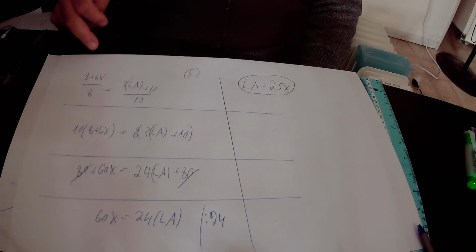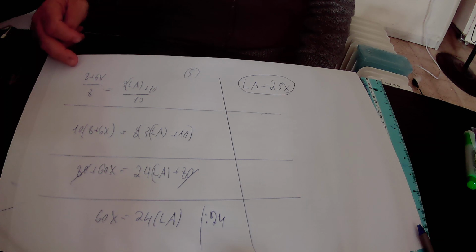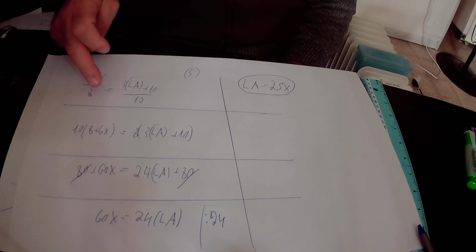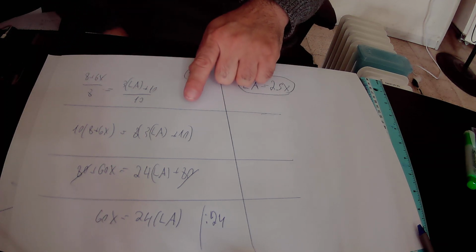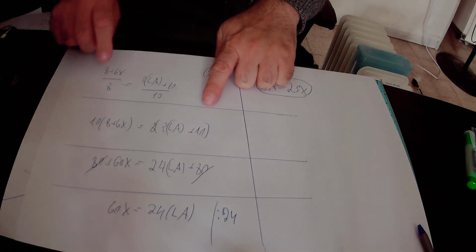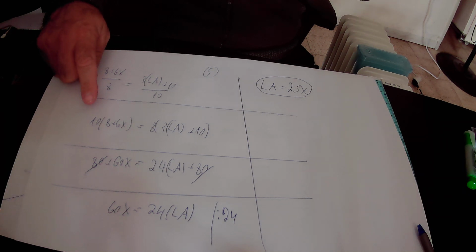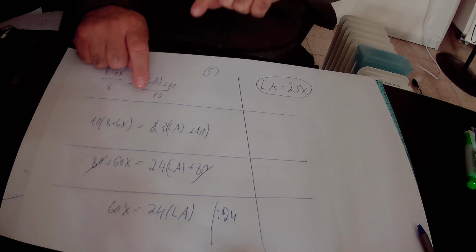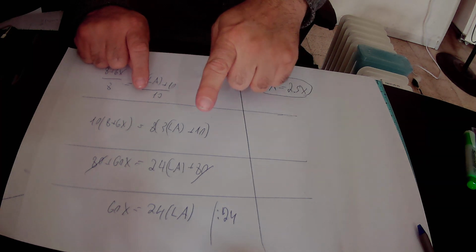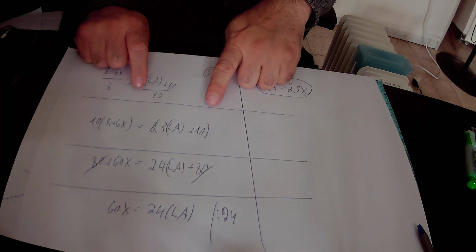Here we cross multiply this equation and we found out that 10 times 8 plus 6x equals 8 times 3LA plus 10. We opened the brackets on both sides and found that 8 times 10 is 80 plus 8 times 6x is 60x, equal to 3 times LA is 24LA plus 8 times 10 is 80.